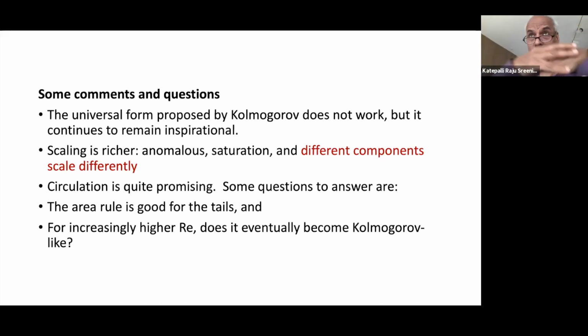The saturation simply means that at very high orders, you've reached a stage where neighboring fluctuations could in fact be of the order of the large scale velocity itself. So in other words, it's becoming something like a shock, something like Burgers.